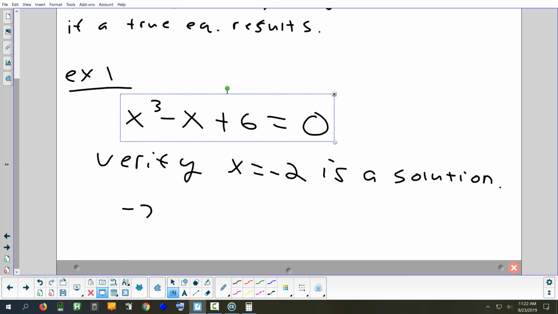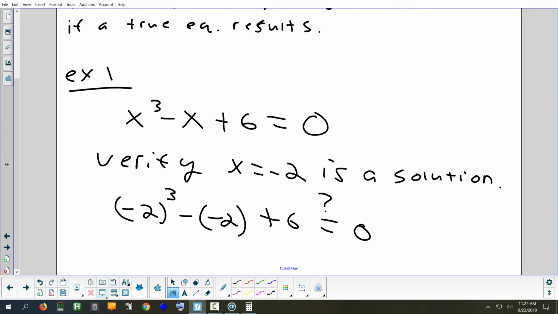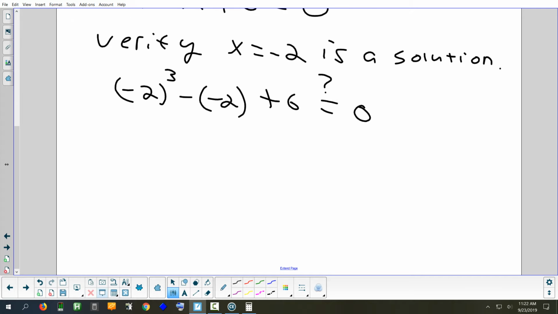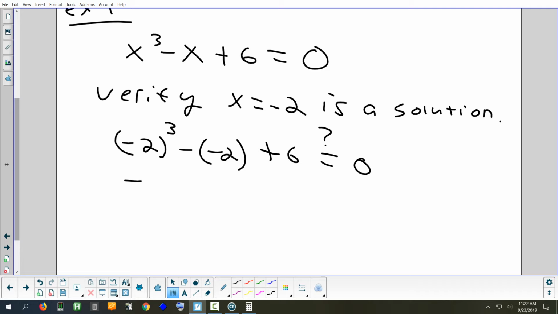Okay? So -2 cubed. Be careful when you plug it in, -2. Some people mess that part up. Plus 6. I'm going to put a question mark there because that's what I'm checking. I don't know if it's true. Okay, how about Derek? What's -2 cubed? -8.